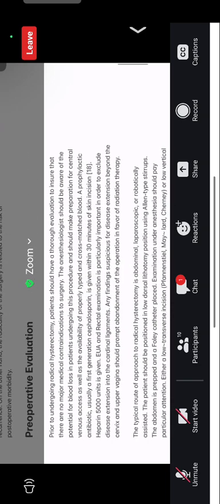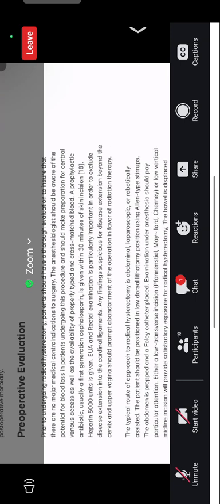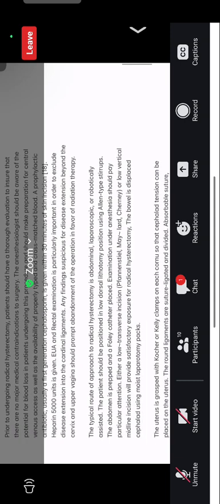How do we do pre-op evaluation? Same as for any generalized patient. Heparin has to be given. Before we proceed, we have to do anesthesia examination. See the extension, any paracervical involvement. Suspicious disease beyond the cervix and vagina should prompt abandonment of the procedure and the patient should be subjected to radiation.